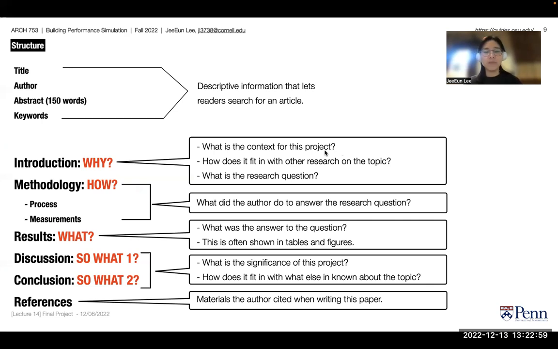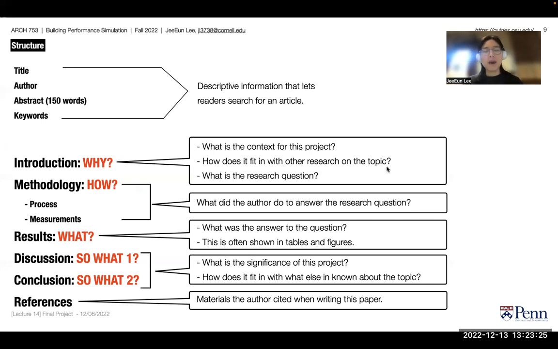So you can give a general idea to the readers first, and then how it fits in with other research on this topic. Probably this one is not really important here, but when you're writing an academic paper, it's really important to see what the existing papers are about.